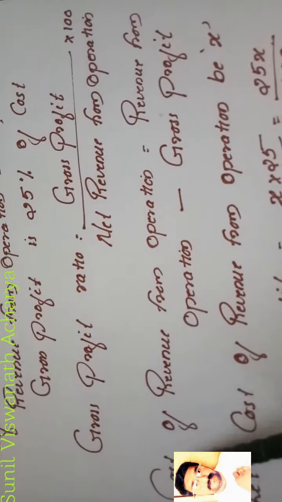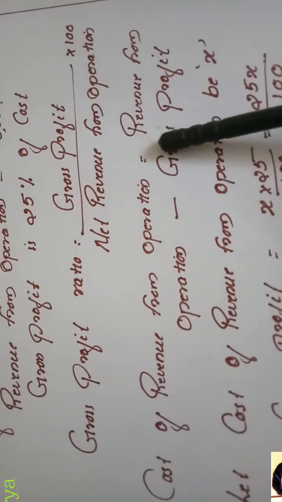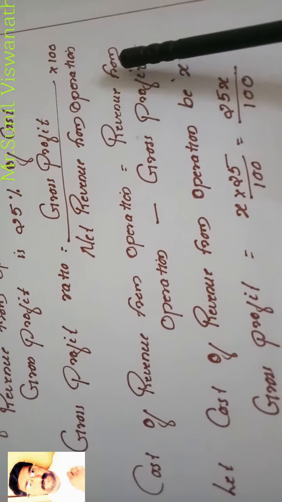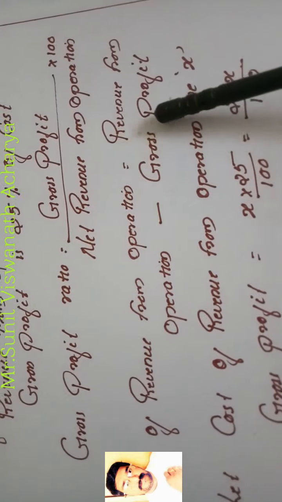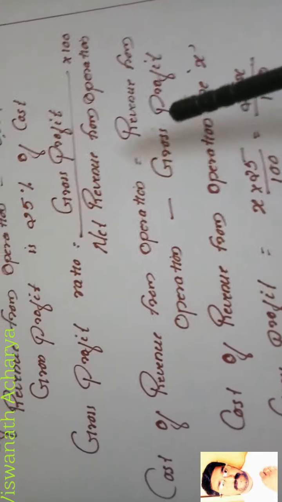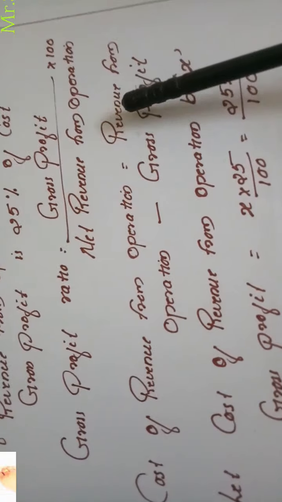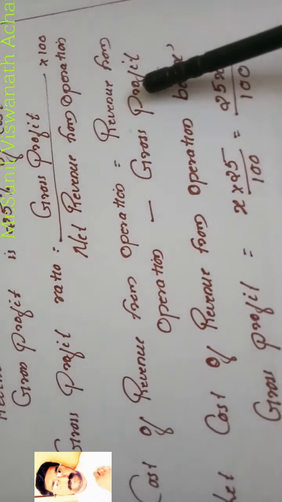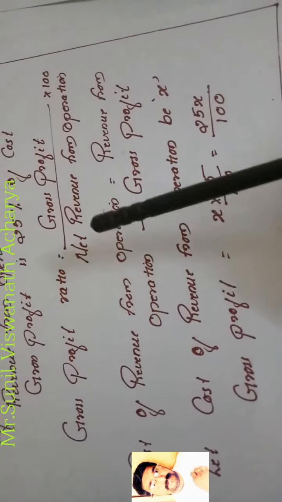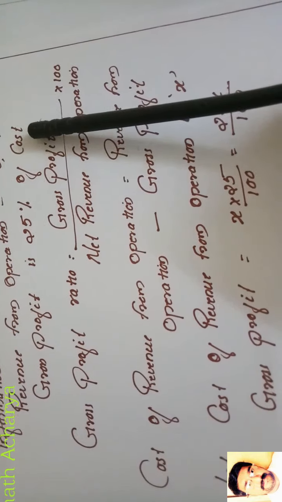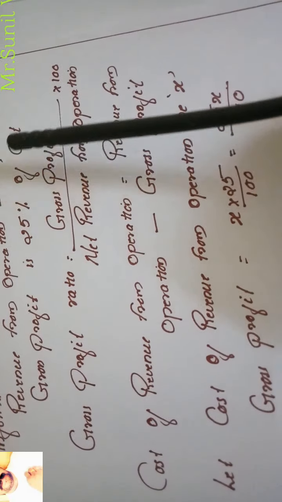We know the equation we already studied: cost of revenue from operation is revenue from operation minus gross profit. Here we don't know the cost of revenue from operation, and gross profit is 25% of cost.